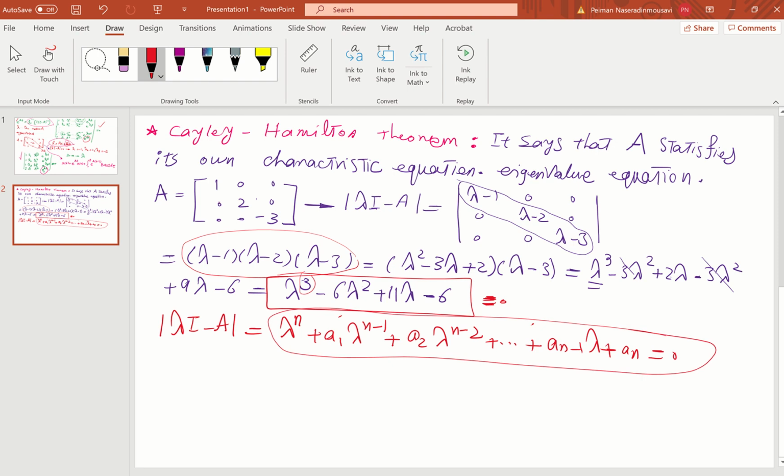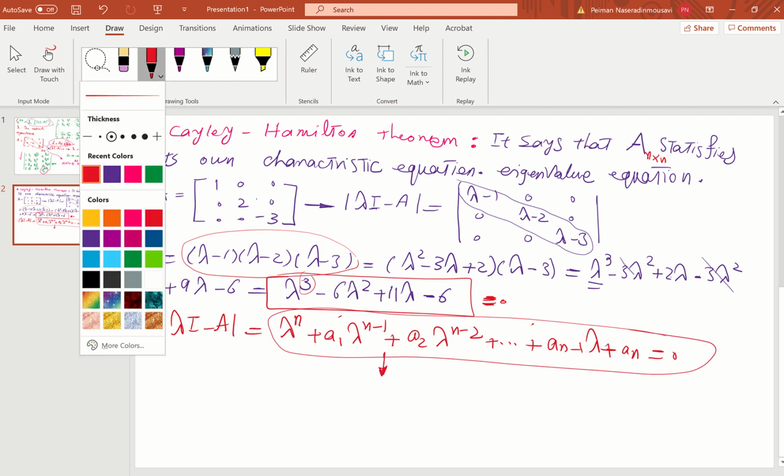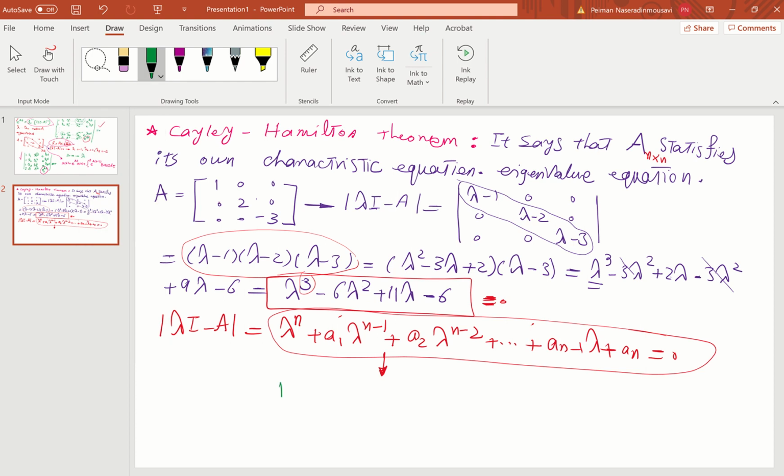So the Cayley-Hamilton theorem says that any given n by n matrix satisfies its own characteristic equation. Means that you can write A to the n plus a1 A to the n minus 1 plus a2 A to the n minus 2, up to plus a n minus 1 A plus a n I equals 0. I'm changing the color. Here we go.